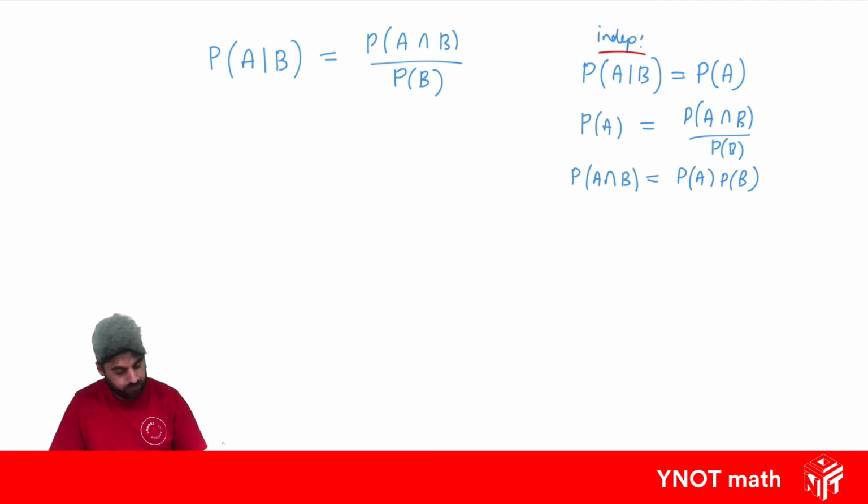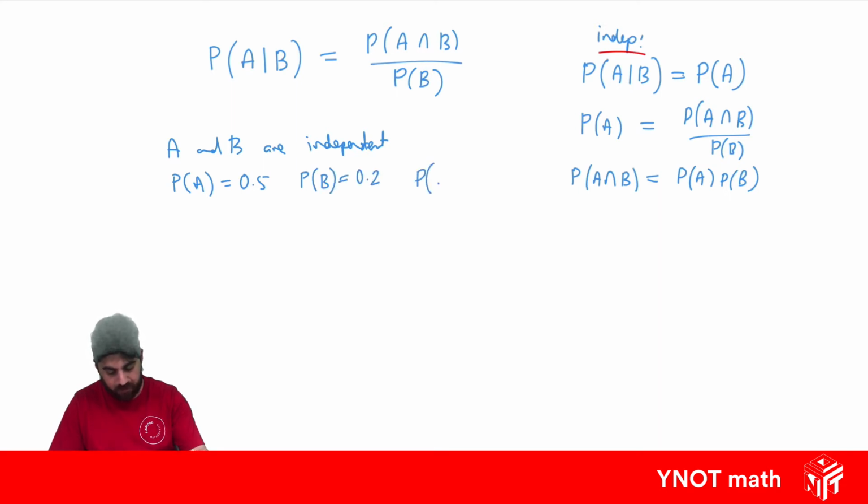Okay, let's have a look at an example. So we have two events A and B that are independent. The probability of A is 0.5, the probability of B is 0.2.